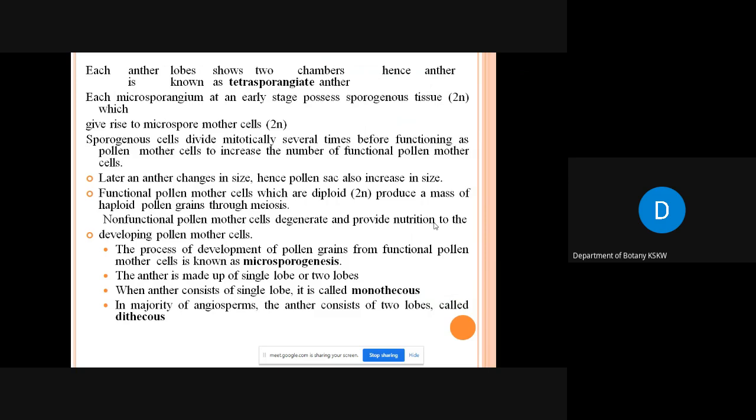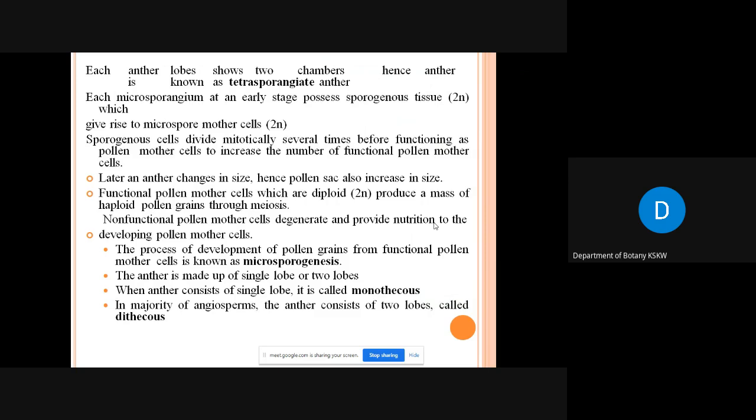Some pollen mother cells are non-functional and degenerate, providing nutrition to the developing pollen mother cells. This process of development of pollen grains from functional pollen mother cells is known as microsporogenesis. So, microsporogenesis is nothing but the formation of pollen grains from the functional pollen mother cells or PMCs.